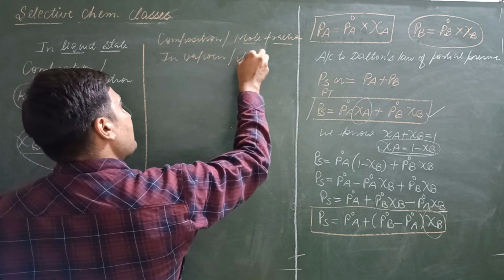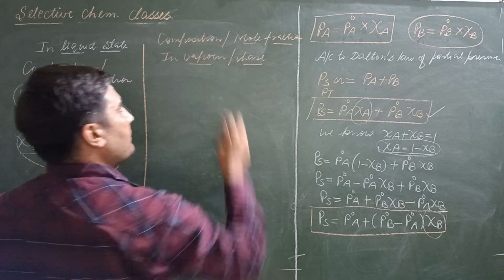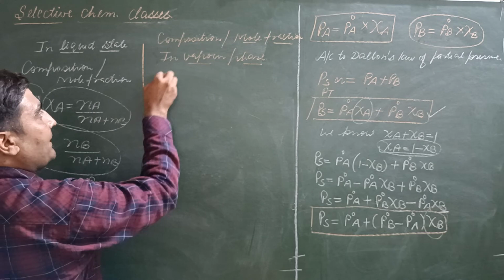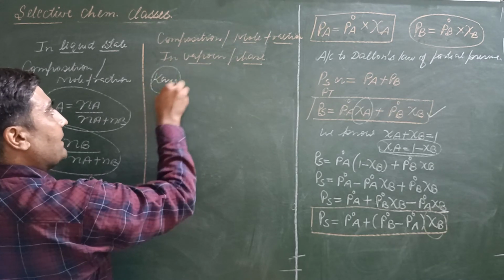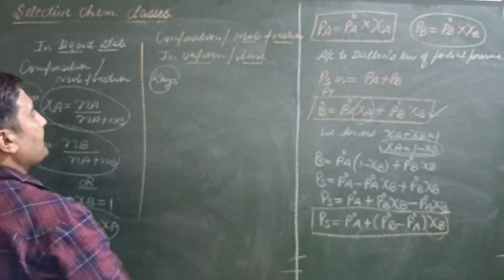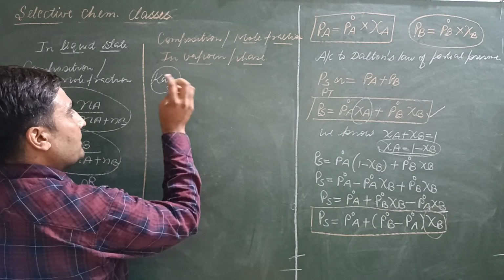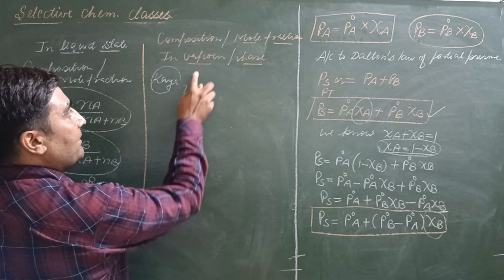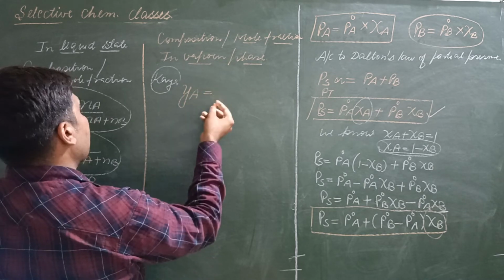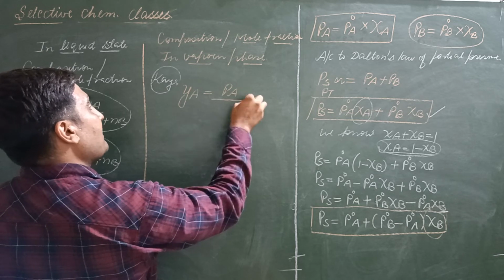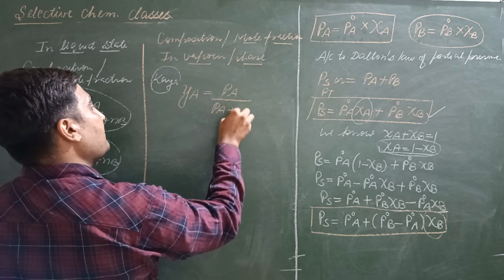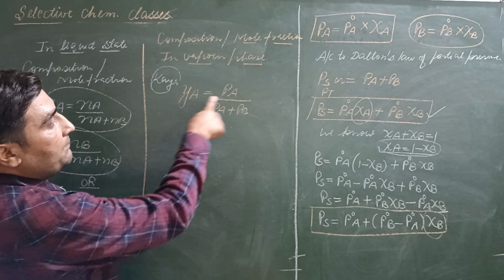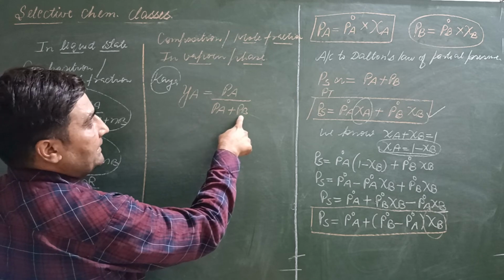In case of vapor phase, we take the term chi again, but this time the symbol is changed. It can be shown by Y. For the solvent, the mole fraction in vapor phase will be equal to the partial vapor pressure of A divided by PA plus PB, that is Ya equals PA by PA plus PB.